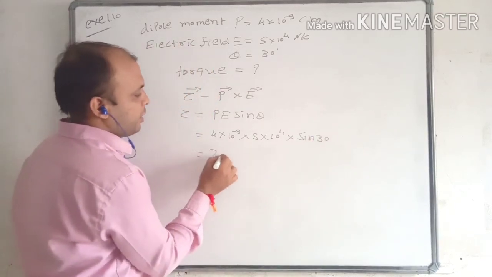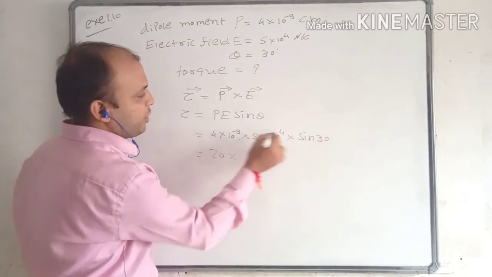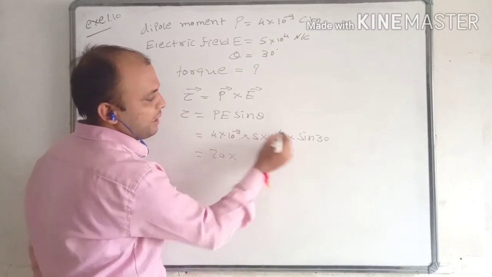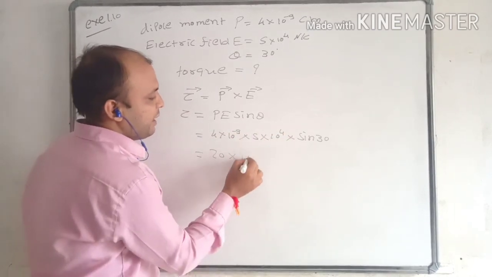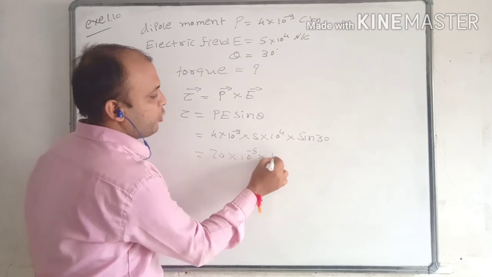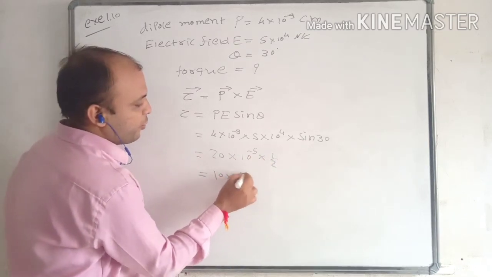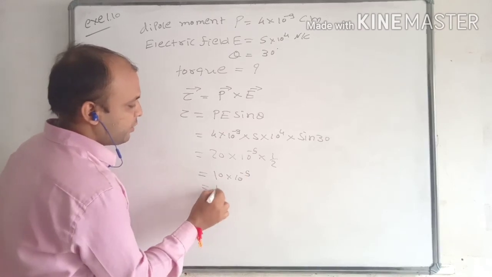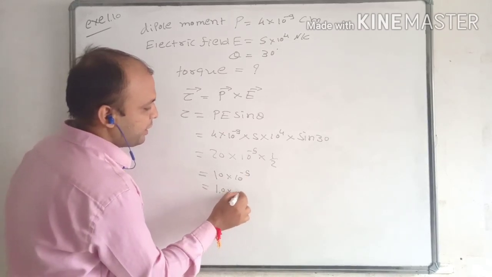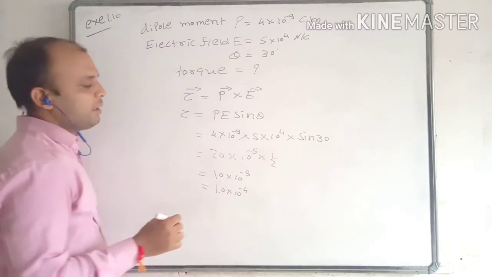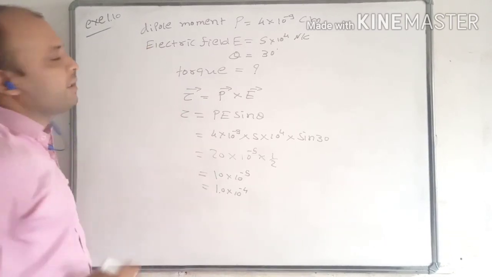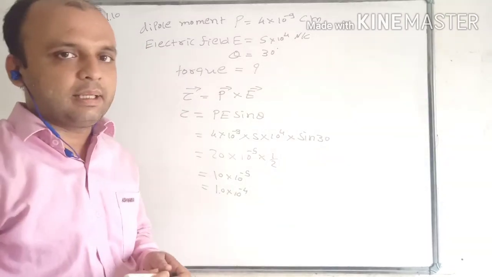So here 5 into 4, 20, into 10 raised to minus 9 and 10 raised to plus 4, that is 10 raised to minus 5, into 1 by 2. So the answer will be 10 into 10 raised to minus 5, that is 1.0 into 10 raised to minus 4. That is the answer for exercise 1.10.